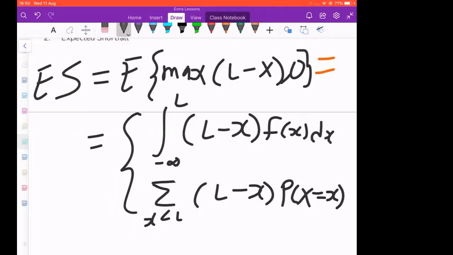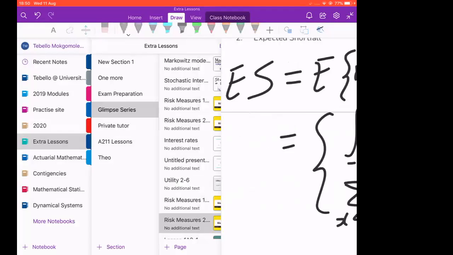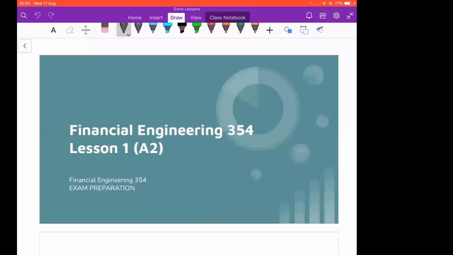Which brings us to the last session, which I promised, right? Most of you want to know about the Markowitz model. Some of you. The people that asked for the Markowitz model, I don't think they are even attending. By popular demand, how many of you actually want the Markowitz model? And how many of you want stochastic dominance?